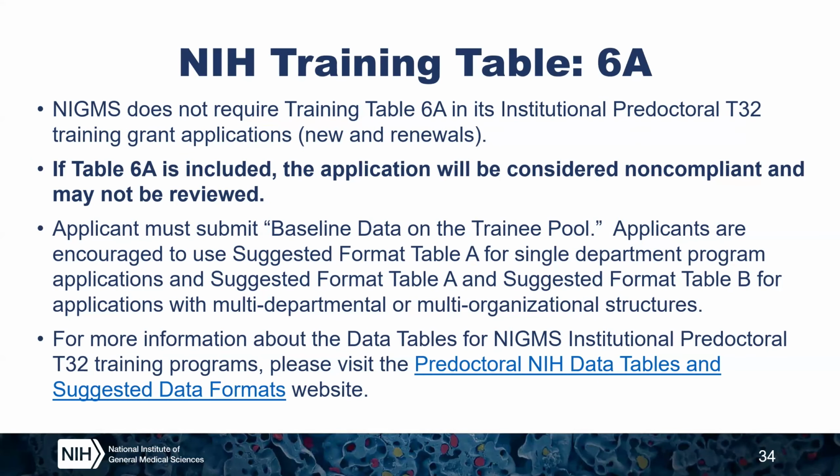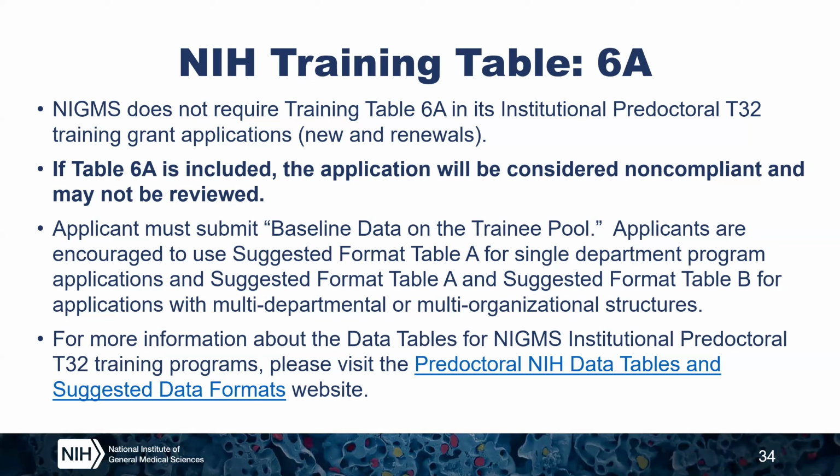NIGMS does not require Training Table 6A in its institutional predoctoral T32 training grant applications, whether they're new or renewals. If Table 6A is included, the application will be considered non-compliant and may not be reviewed. Applicants must submit baseline data on the trainee pool.